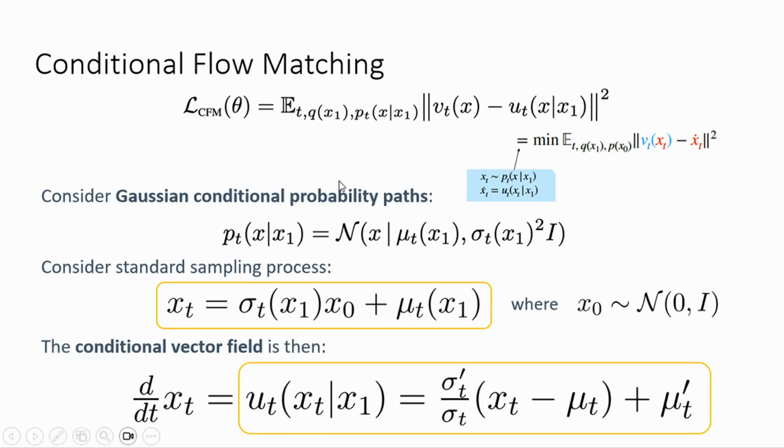As we talk about what this probability path means, at every time step t you define what distribution your samples should follow, and given that, we should also have a tractable form of the gradient of that probability, which defines the corresponding vector field.